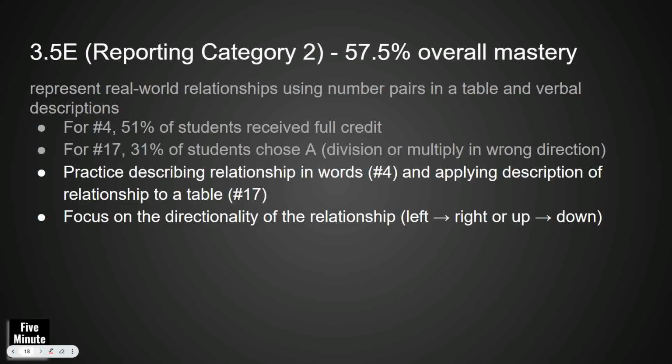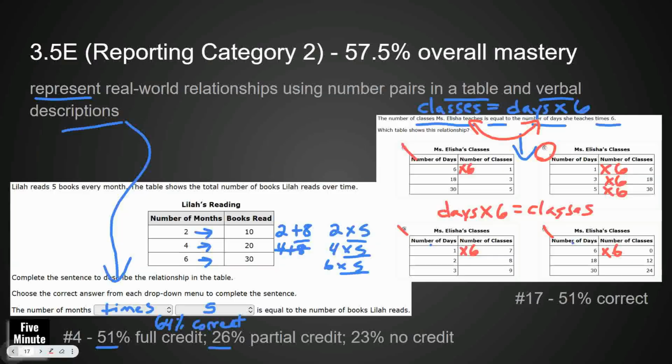And so we had a good amount of students receive full credit on the first one. So that's pretty good. 31% on our second problem, number 17, though, chose A. And you see here that instead of this being a times 6, this is actually a divided by 6.